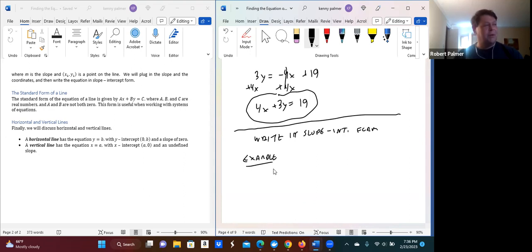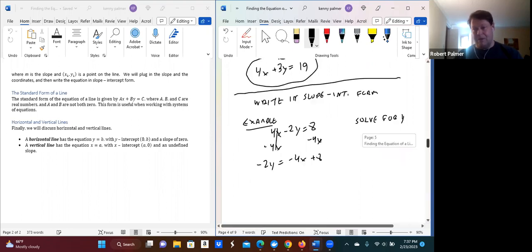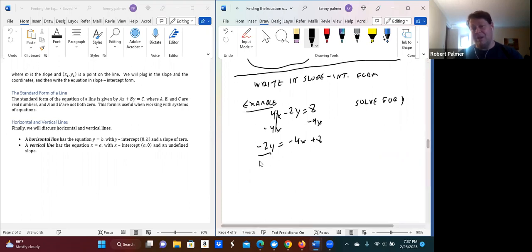Let's say we have 4x minus 2y is equal to 8. Essentially what we're doing is just solving for y, or getting y by itself. First subtract 4x on both sides. That gives us negative 2y is equal to negative 4x plus 8. Then, of course, divide both sides by negative 2.